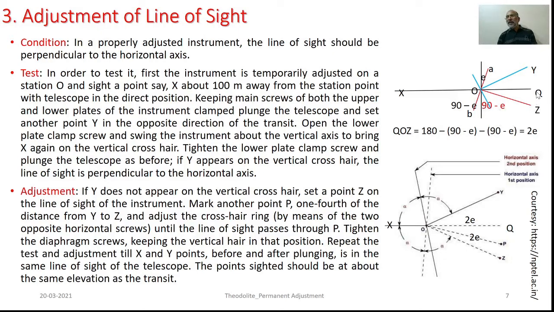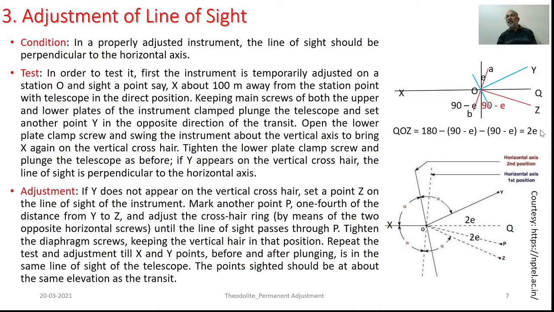As we try to work out here the angle QOZ in order to have that particular line of sight perpendicular to the horizontal axis, 180 minus (90 minus E) minus (90 minus E) is computed as 2E.